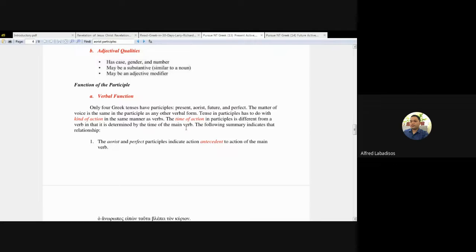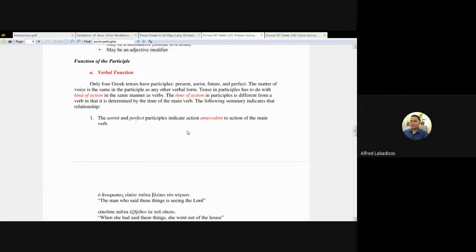Now, it says here, the following summary indicates the relationship between participles and the verb. The aorist and perfect participles indicate action antecedent to the action of the main verb. What is antecedent? It means before the time of the action of the main verb.